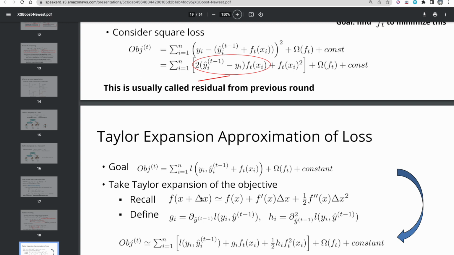Simply explaining, suppose there is a very complex function and we have to approximate it with, let's say, a set of polynomials. Then this is how it will expand.